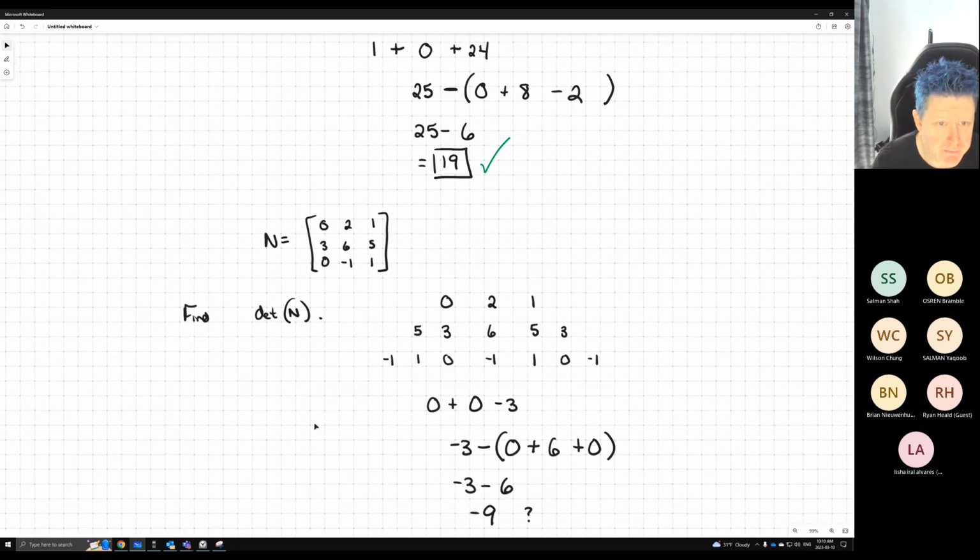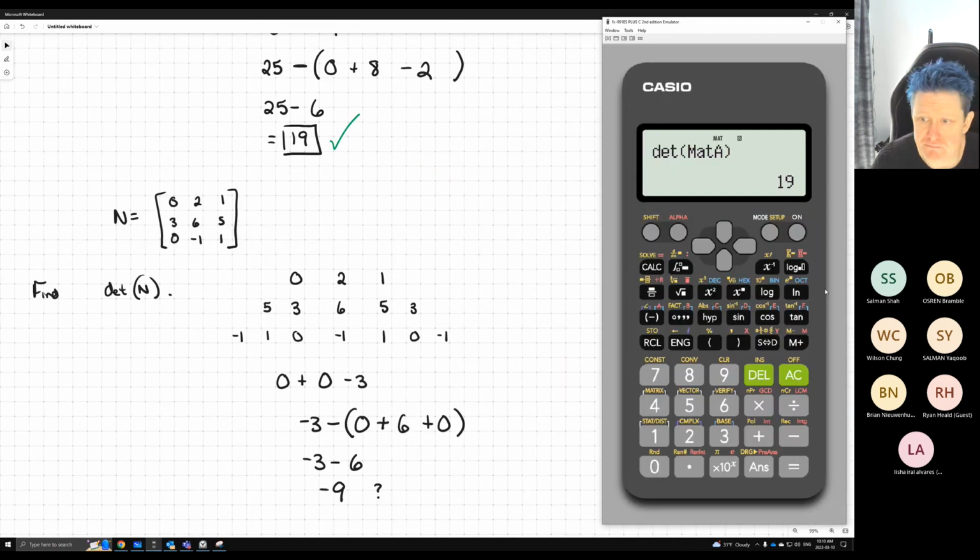Let's check with our calculator. We're going to go back into our mode. Number 6 is matrix. I'm going to choose matrix A, and matrix A will be a 3 by 3 matrix. Enter my entries just over top of the previous entries. Let's make sure our matrix is correct.